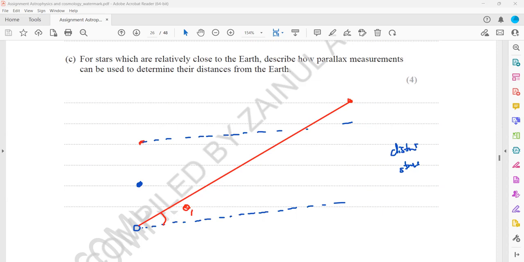We measure the angle of this star again, the change in angle, and we call that theta 2. The distance between Earth and the Sun is known, which is 1 astronomical unit. So using a trigonometric ratio, we can determine this distance d.